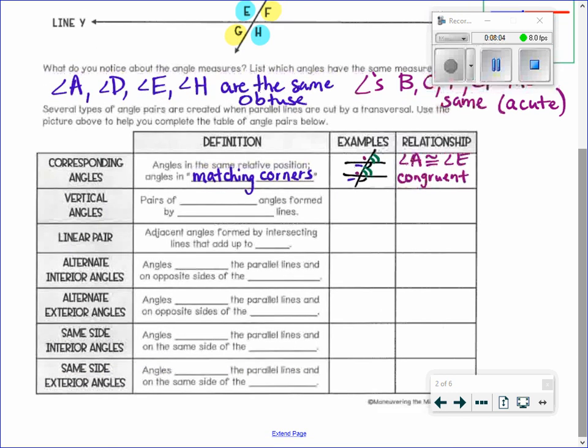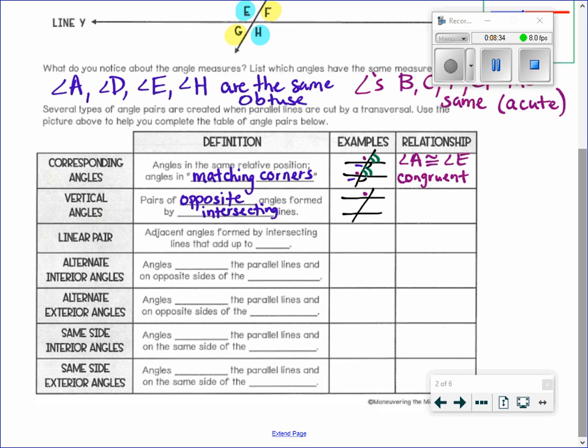Vertical angles are pairs of opposite angles formed by intersecting lines. So if I have my transversal here, I'm going to put a dot in that top left corner.